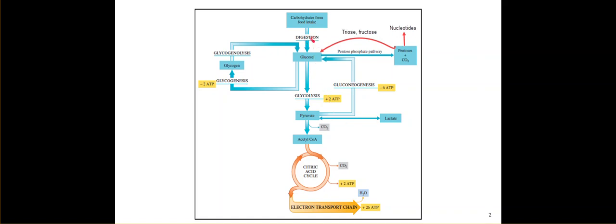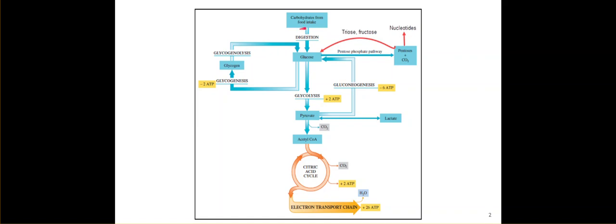If you're not eating carbs to produce the glucose, and your body needs energy, what can happen is it can take pyruvate and make glucose itself. And this process is called gluconeogenesis. The reason it's called this is it's making new glucose from pyruvate that's already in your body.